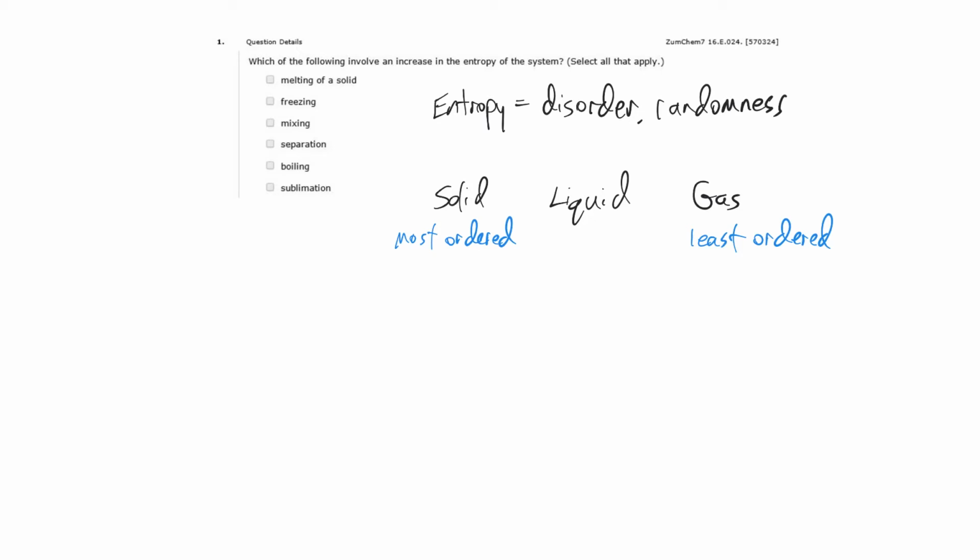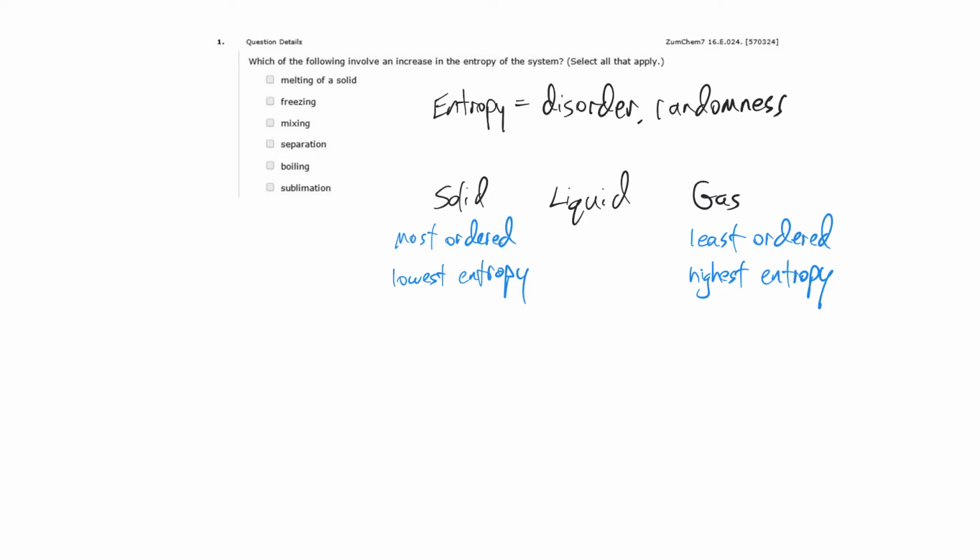And liquids would be somewhere in between. If entropy is disorder or randomness, then gases have the highest entropy values for any substance, and solids have the lowest entropy values for any substance.